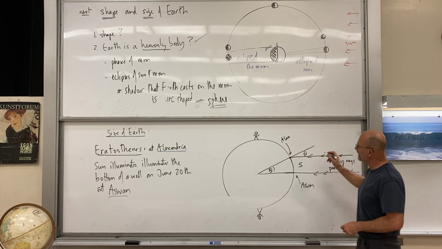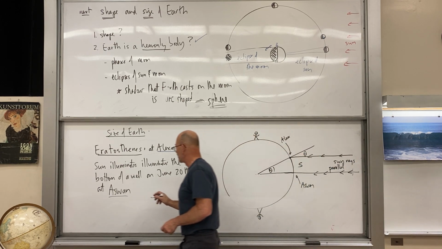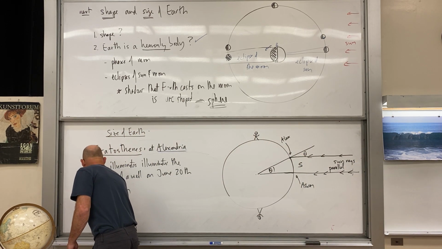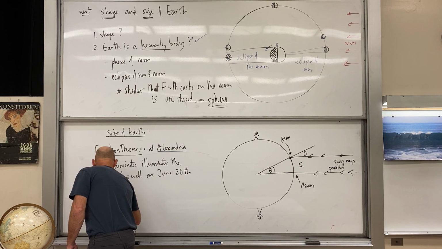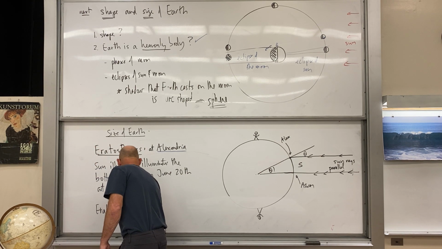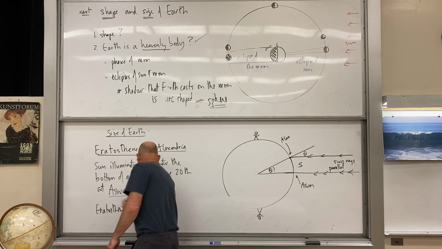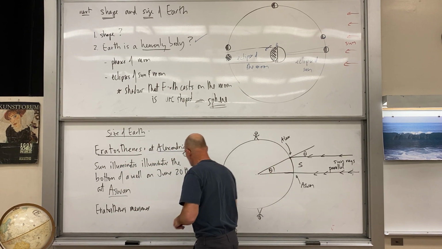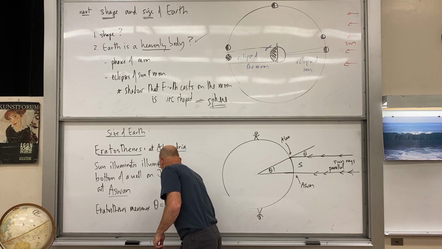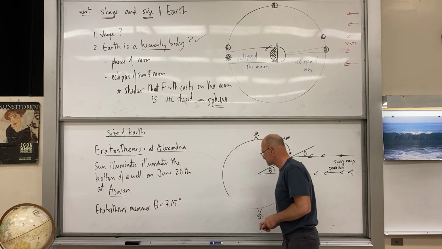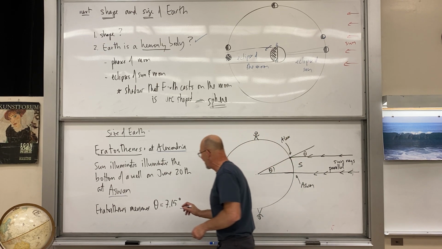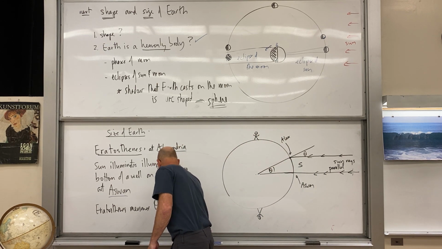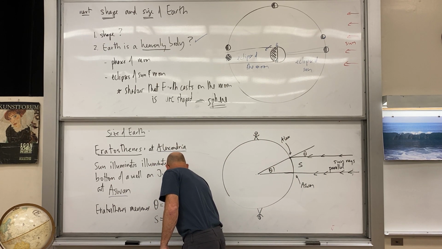So Eratosthenes measures, I'll just write these data down. From my picture here, theta equals 7.15 degrees. And S is 800 kilometers.